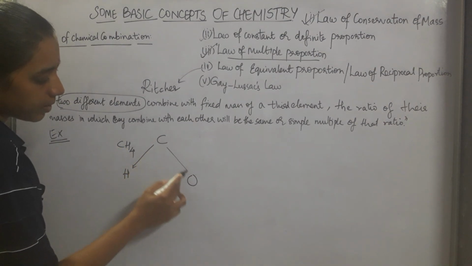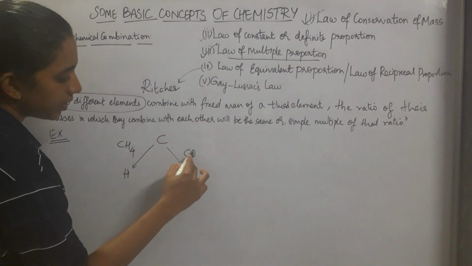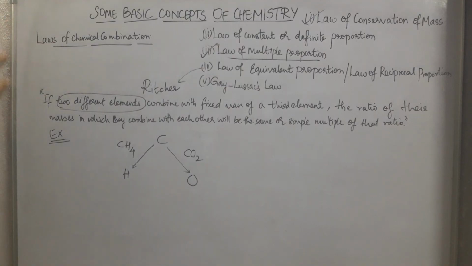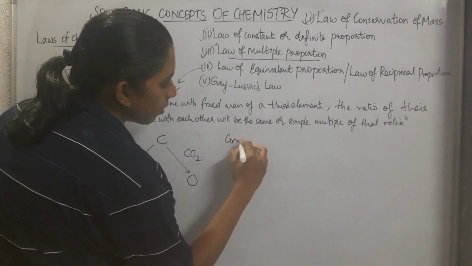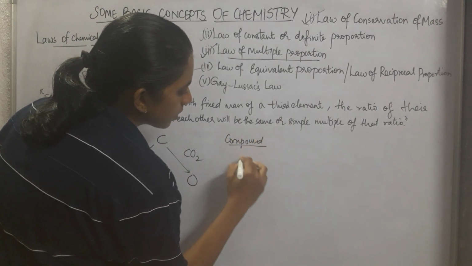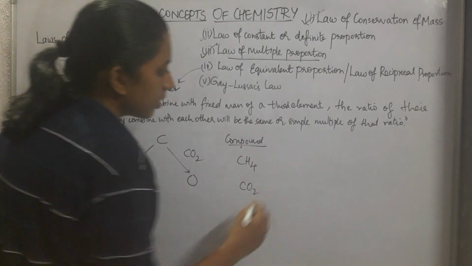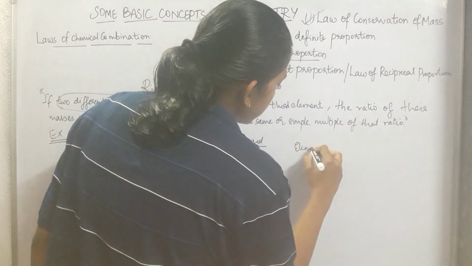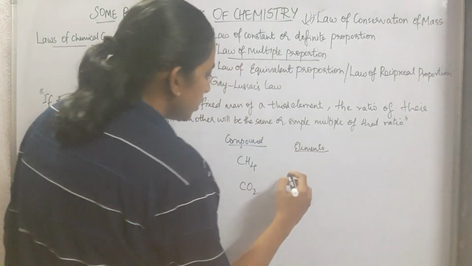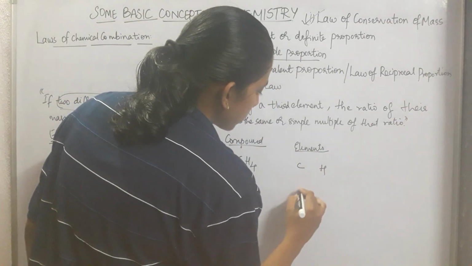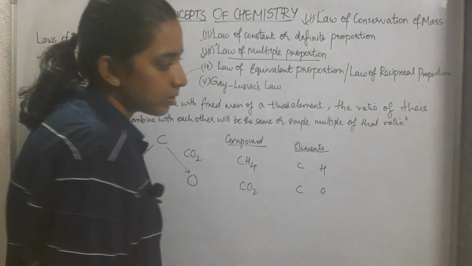And when carbon combines with oxygen, we get carbon dioxide. The compounds formed are CH4 methane and CO2 carbon dioxide. The elements involved are carbon and hydrogen, carbon and oxygen.